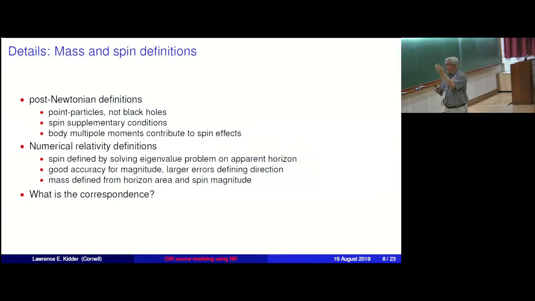And therefore, the mass is defined from the horizon area and the spin magnitude. Therefore, the mass is a secondary quantity in numerical relativity, whereas the mass monopole moment you think of as a primary quantity in post-Newtonian. So getting the details right of this correspondence is going to be important in the future.